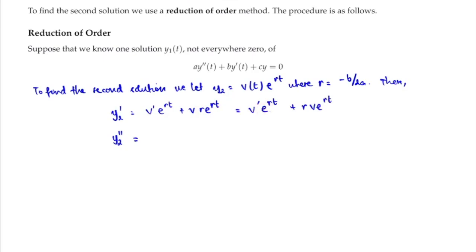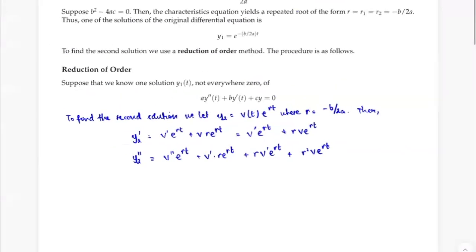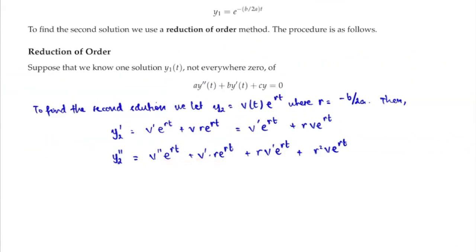So product rule here, that is v double prime times e to the rt plus v prime times r times e to the rt, plus r times v prime times e to the rt plus r squared times v times e to the rt. Okay. Again, the first two terms of this derivative are taken from the derivative of this product, and the last two terms are from the derivative of this r times v times e to the rt.